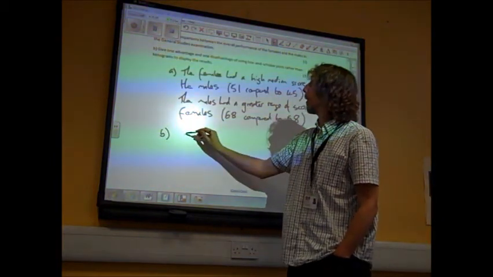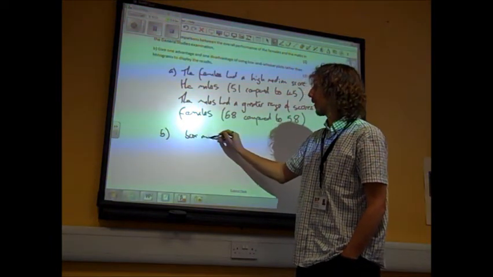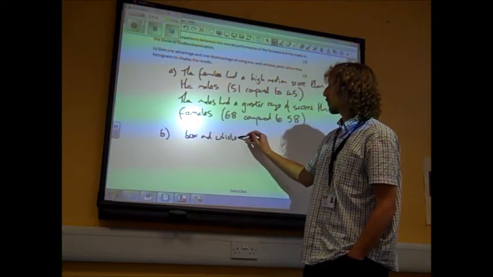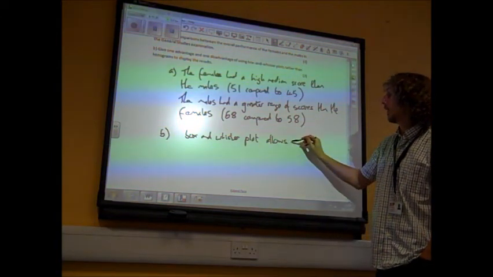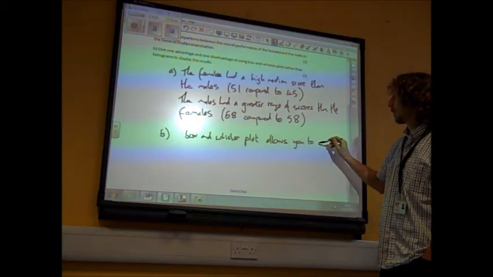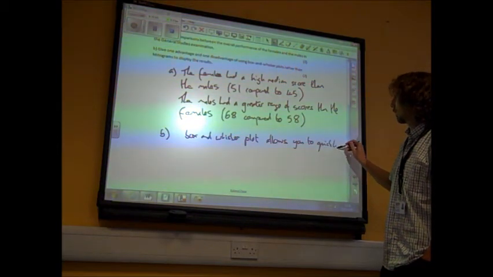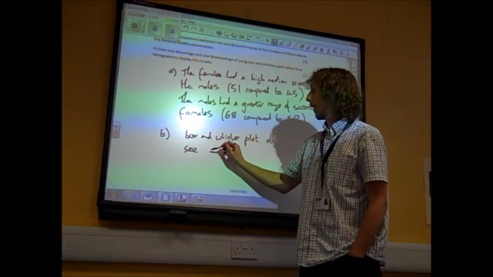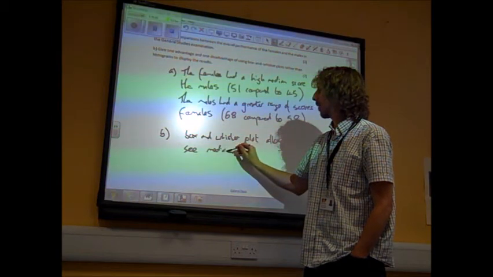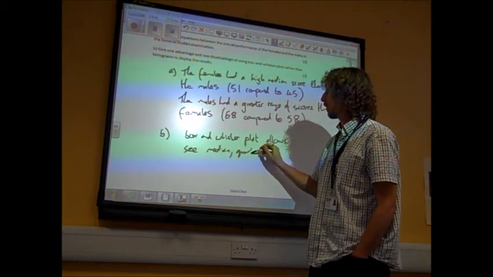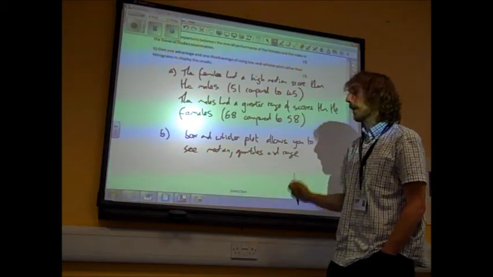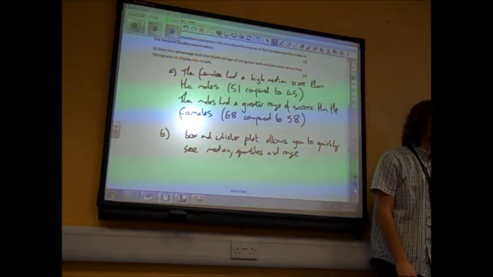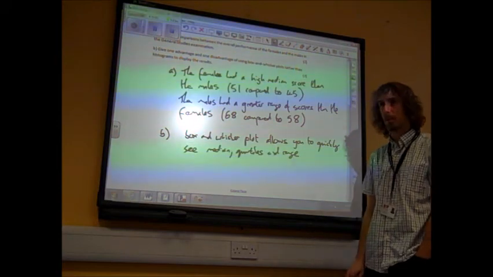Okay, so a box and whisker plot allows you to quickly see the median, quartiles, and the range. So that's a definite advantage of a box and whisker plot.